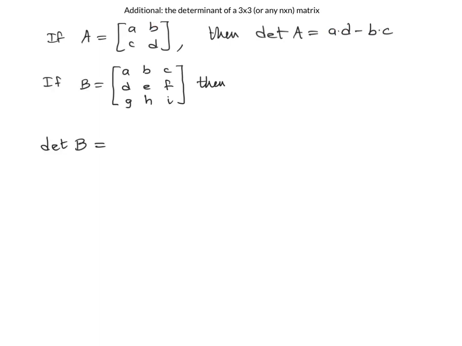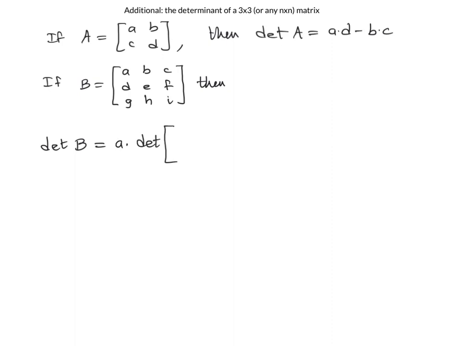So now let's look at a 3x3 matrix, and it's a lot more complicated, but there's still a very nice pattern that makes it a little bit easier. So we've got this matrix, 3x3, and to get its determinant, here's what we do. We start with the top row, and we start, of course, with the A. So I'm going to write the A times, and now we create a new determinant.